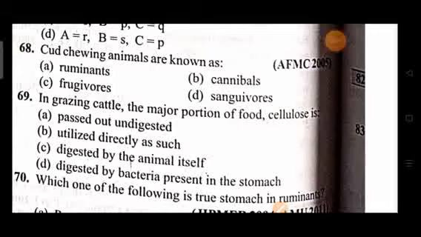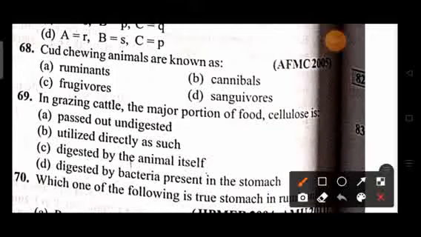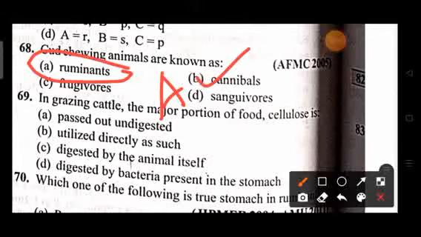Most herbivorous animals are ruminants. So the process is called rumination. Cannibalism means eating another animal of the same group, like a human being eating a human being. So the answer is A option, and it is the right answer.